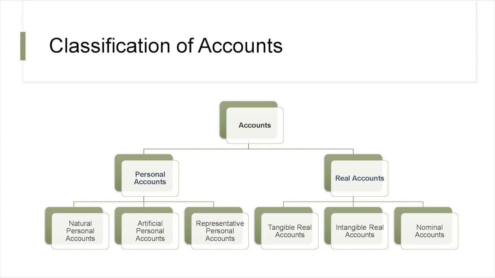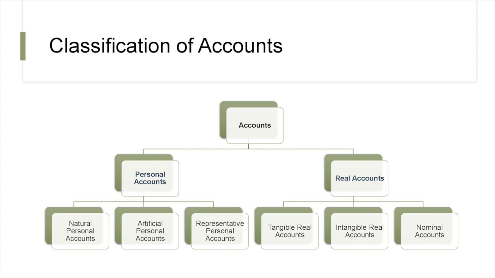Let me tell you about the real accounts. In real accounts, every business has some assets, and every asset has an account. Thus, an asset account is called a real account. There are two types of assets, tangible and intangible. Based upon these two, the accounts are made: one for tangible real accounts, and the second for intangible real accounts. There is also a third type of account, the nominal accounts, which I'll be telling you about.